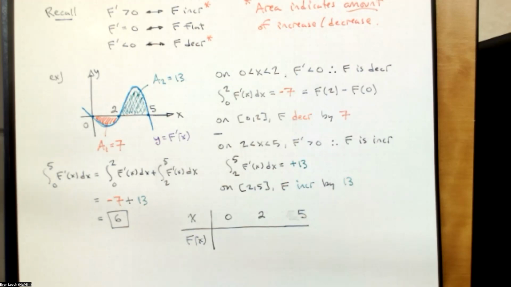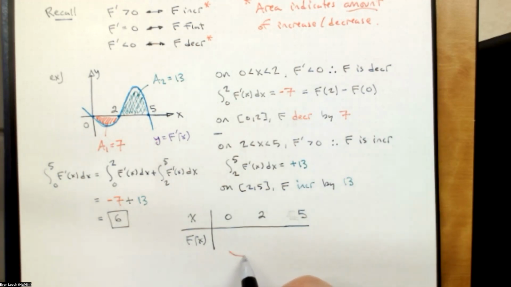When we find an antiderivative, there's that plus c at the end. I don't know where things started. I just know how things have changed. So whatever these values are, from 0 to 2, capital F will decrease by 7, followed by an increase of 13.